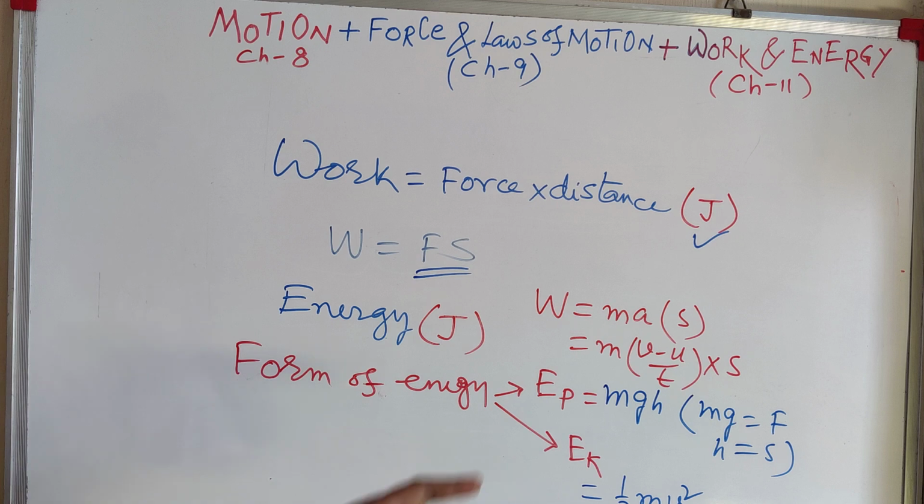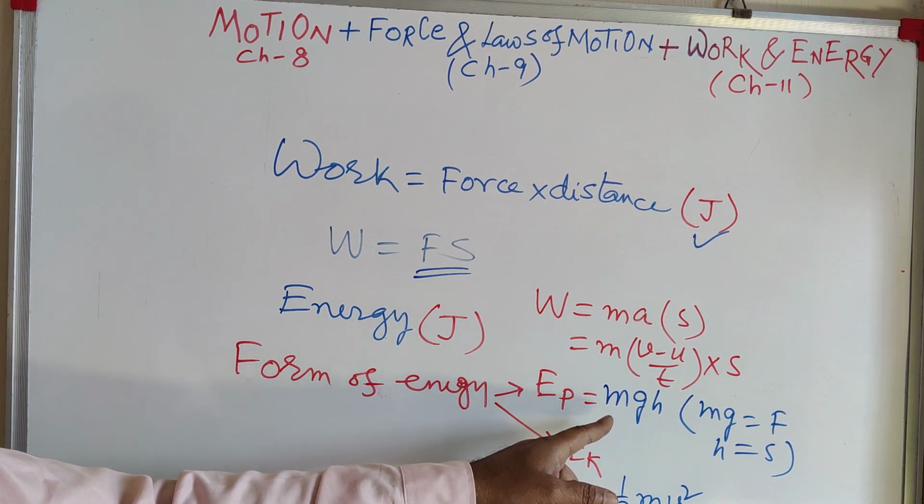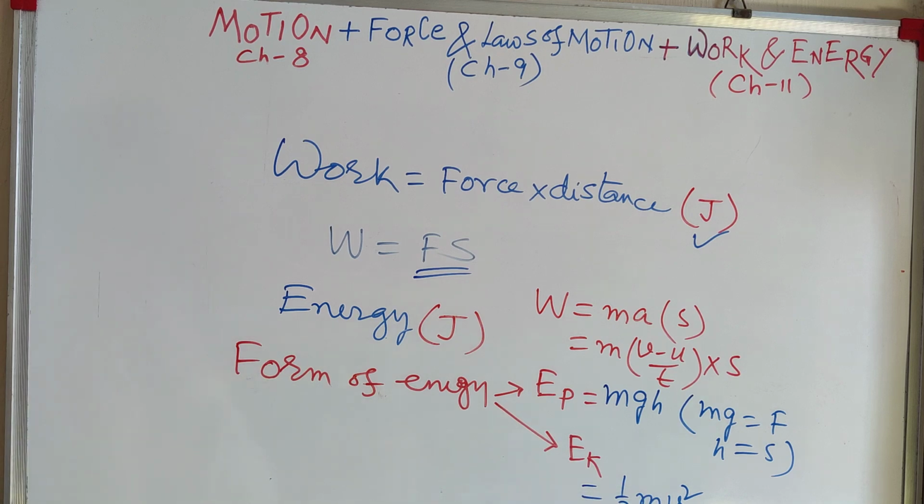Then mass is 10 kg, g is 9.8, and the height from the ground floor to the fourth floor, suppose 20 meter. So that will be calculated, and this is the work done, or this is the energy applied. Work done, energy applied, all the same concept. Okay?